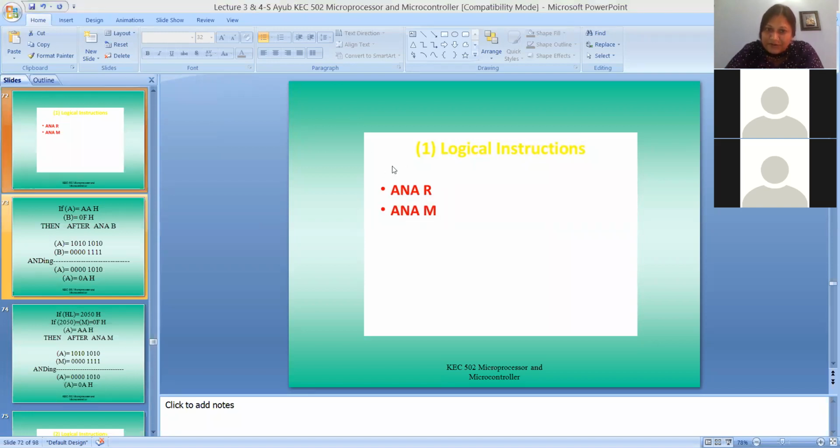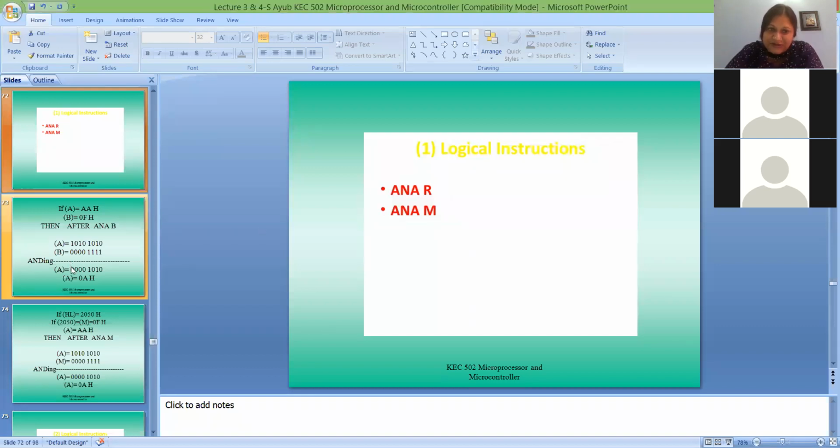What can be ANDed? Register contents. Any register contents B, C, D, E, H, L can be ANDed with accumulator contents bit by bit. And if we take ANA M, then we are ANDing memory contents, where M is formed with the help of the HL pair. So we are ANDing those particular contents with accumulator contents.